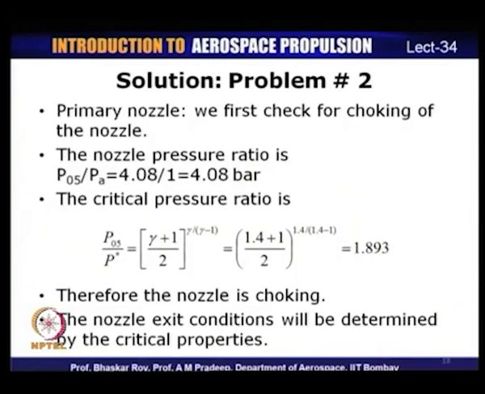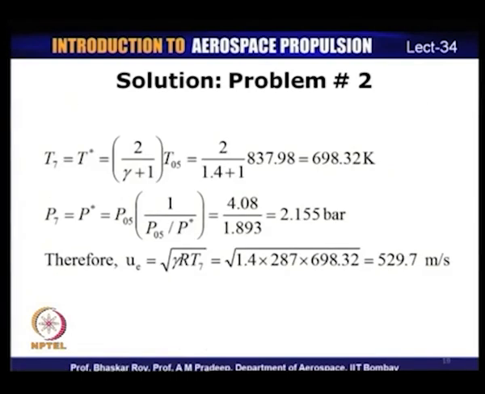So, for the primary nozzle we again check for choking, as we did for the turbojet. Here the primary nozzle pressure ratio is 4.08, whereas the critical pressure ratio is 1.893, which means that the primary nozzle is choking, and therefore, the primary nozzle exit conditions will be determined by the critical properties.